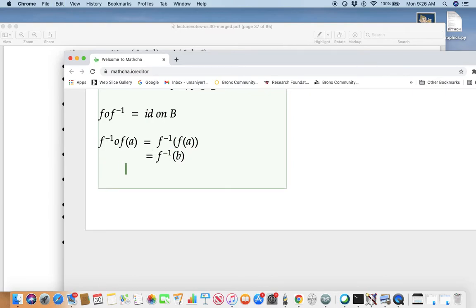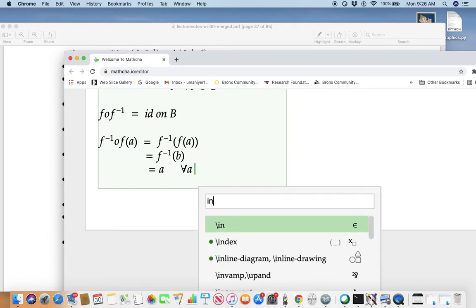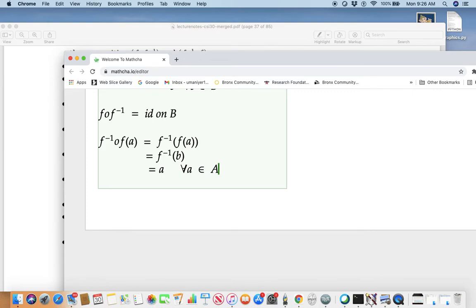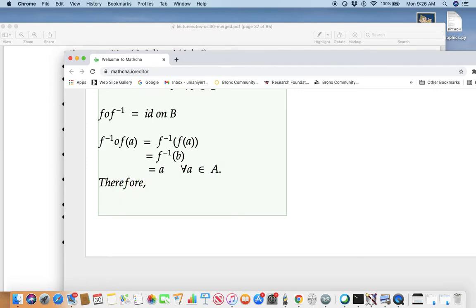If f of a is b, then f inverse of b is a, because that's what the definition of f inverse is. And this is the case for all a in the set A. Therefore, f inverse ∘f is the identity function on A.